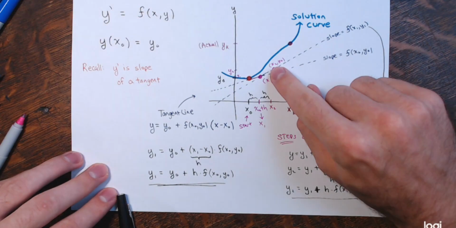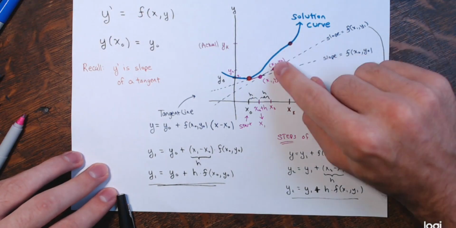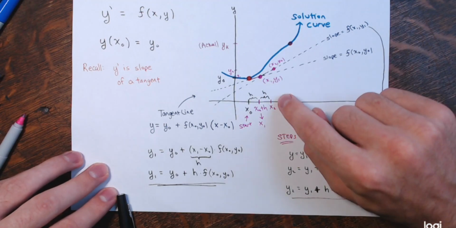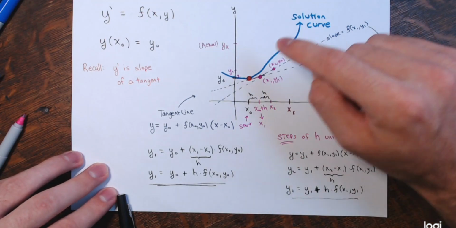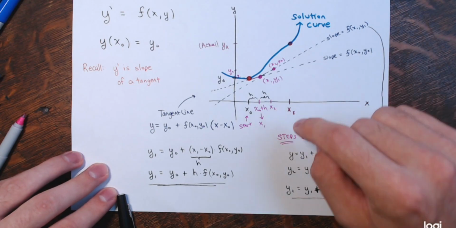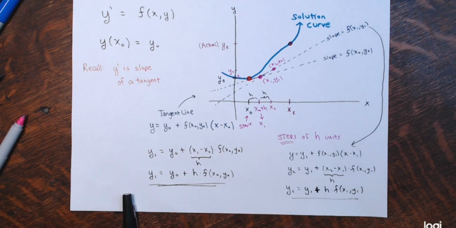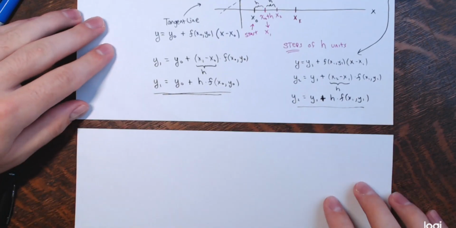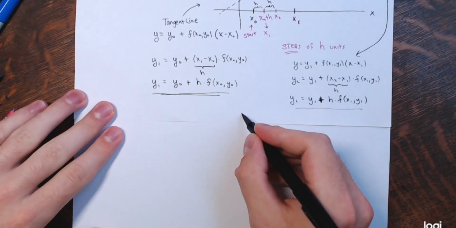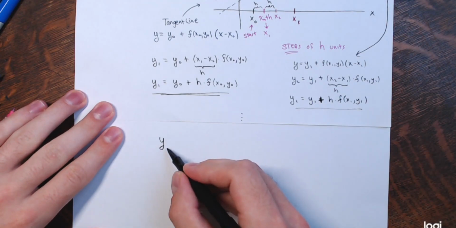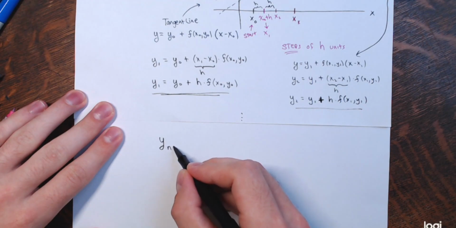I travel along a slope field, make a line, and travel h units to the right to x3, y3, then x4, y4, all the way to this xk, yk. The form to find y1, y2, y3, y4 looks exactly the same every single time. So I could keep this procedure going, and we eventually get y sub n plus 1.